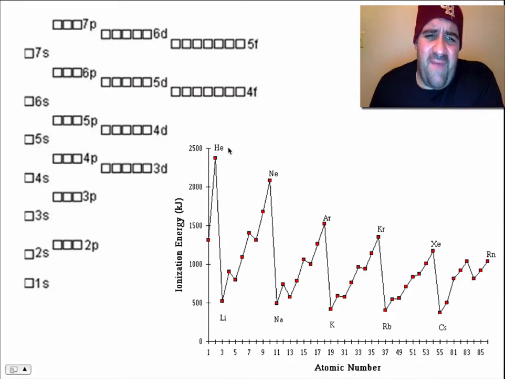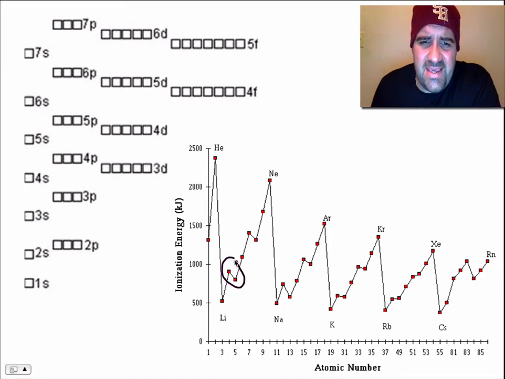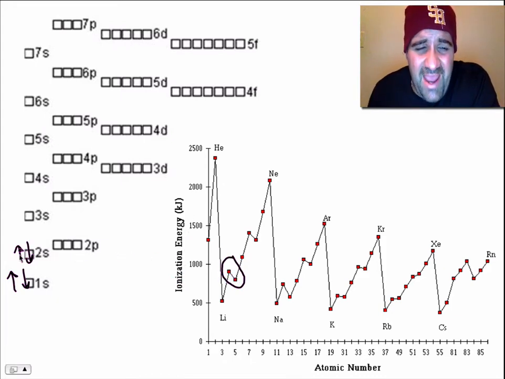And here's an interesting graphic we sometimes see, and sometimes it confuses people. We have our trends: hydrogen, helium, lithium, beryllium, boron. Some people often wonder why these jumps exist, and I'll explain why. Let's draw the electron configuration of some atoms. Hydrogen, we draw an up arrow. Helium, lithium, beryllium, and this is beryllium right here. We see this little jump because we're going from a filled subshell to a not so filled subshell.